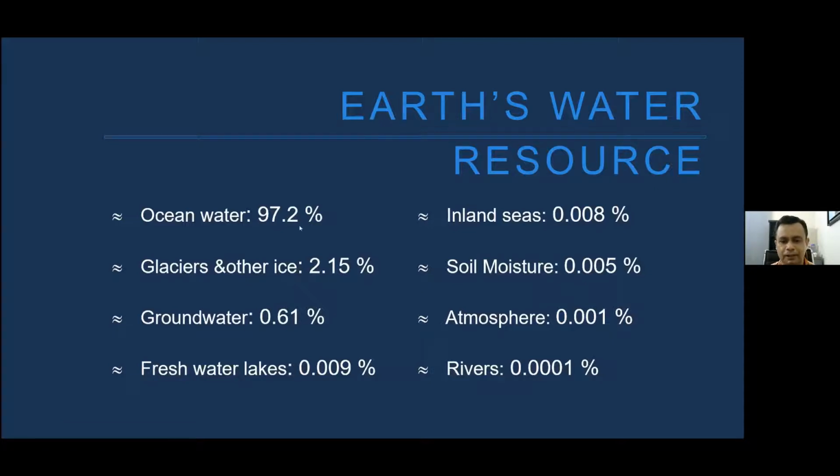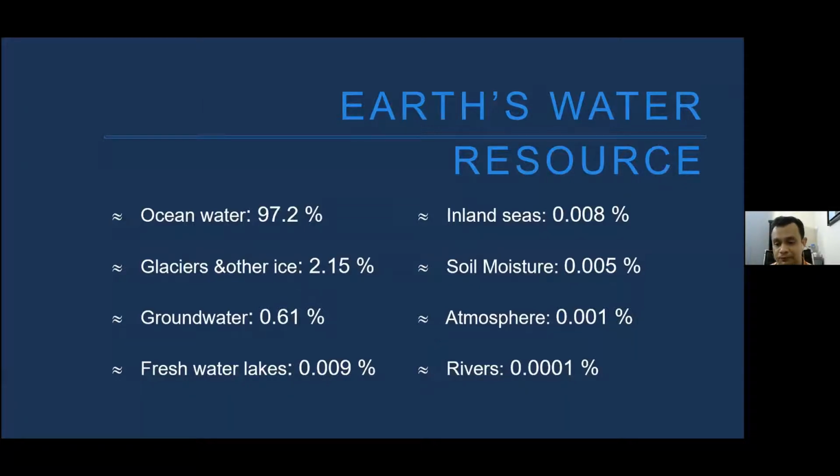If we think about freshwater lakes, they contain only about 0.009%. Inland seas are very small, at 0.008%. Soil moisture, which is also a portion of the water body, is 0.005%.